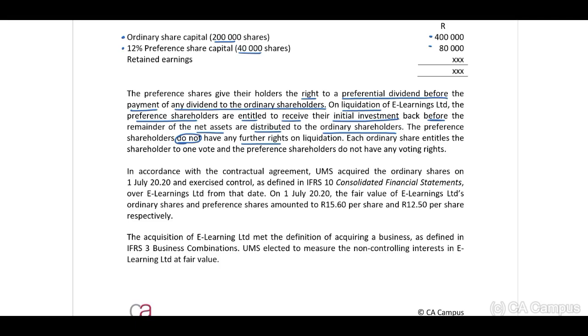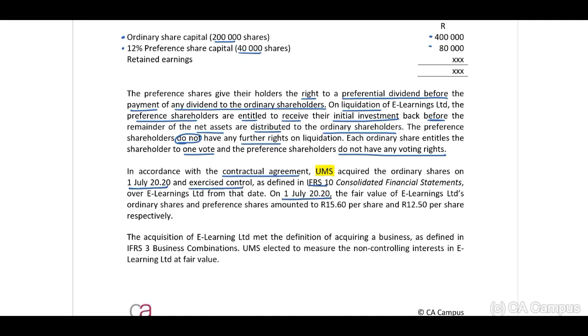Each ordinary share entitles the shareholder to one vote, and the preference shareholders do not have any voting rights. In accordance with the contractual agreement, UMS, Upgrade My Skill, acquired the ordinary shares on 1 July 2020 and exercised control as defined in IFRS 10 over eLearnings Limited from that date.